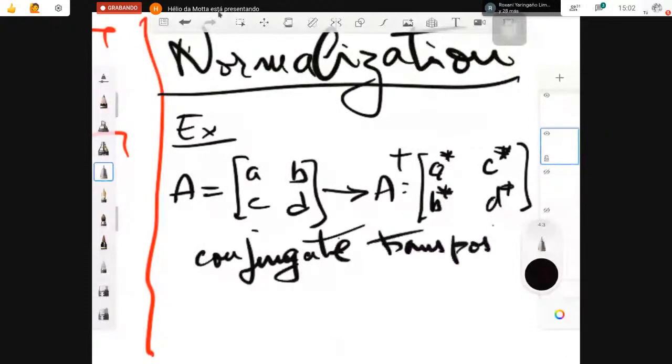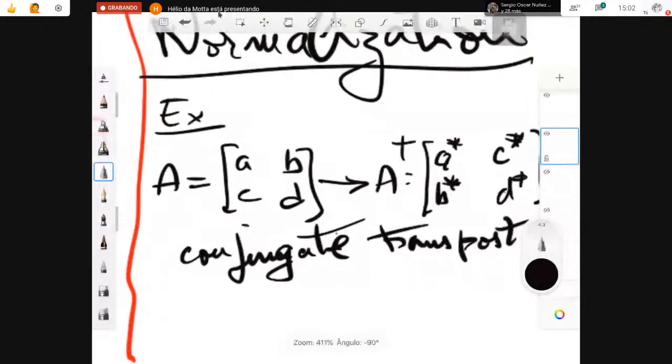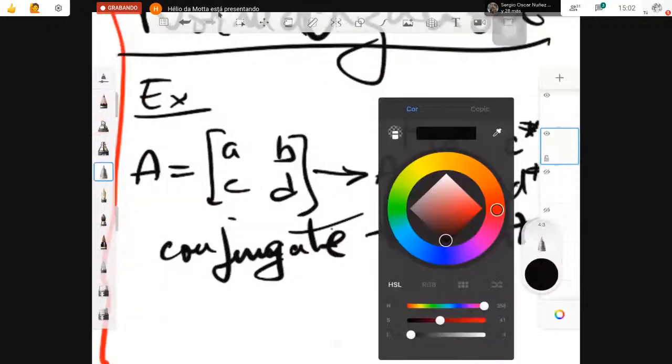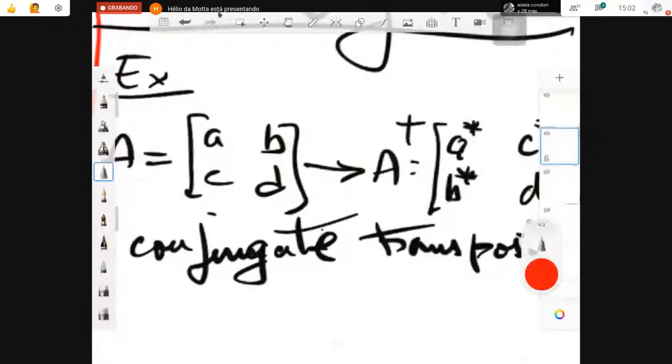What you do is you just exchange the rows and columns. To transpose the matrix is just replacing the rows by columns.